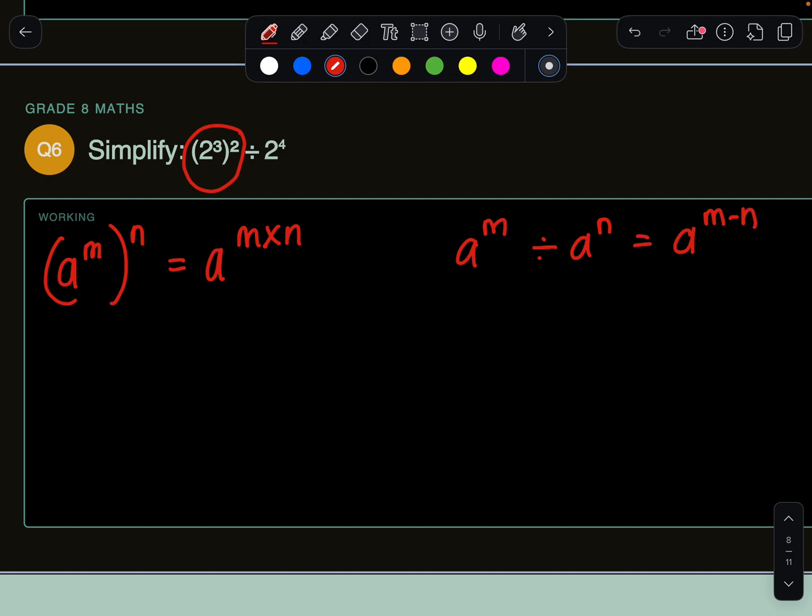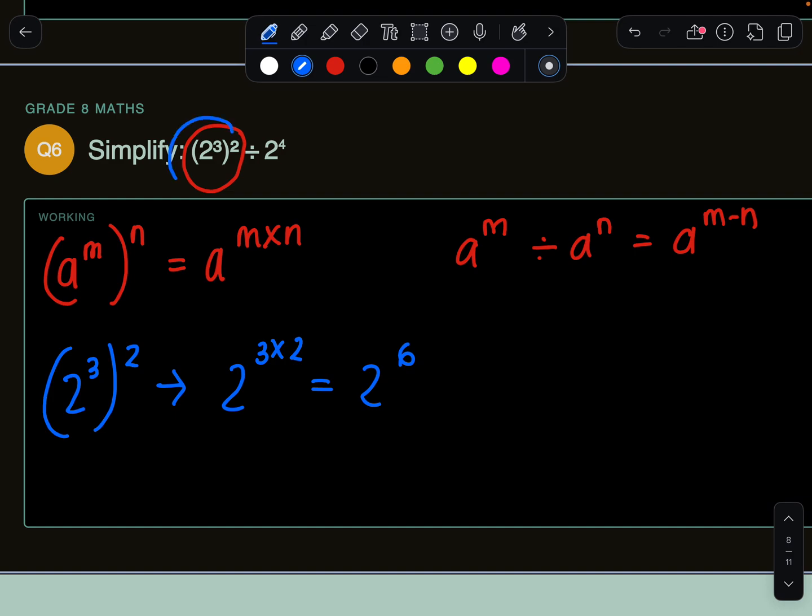Okay, so you can see they don't give you these laws of exponents. You have to be able to pick them up straight away. What law do I need to use? And let me do it. So let's go into it. First of all, 2 to the power of 3 squared is going to become 2 to the power of 3 times 2, which is 2 to the power of 6.